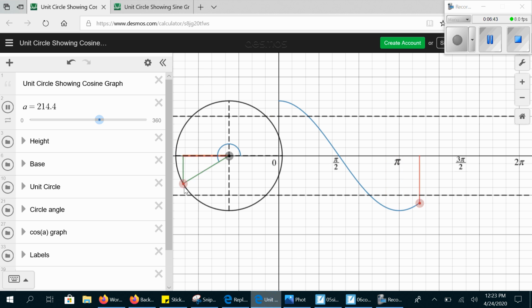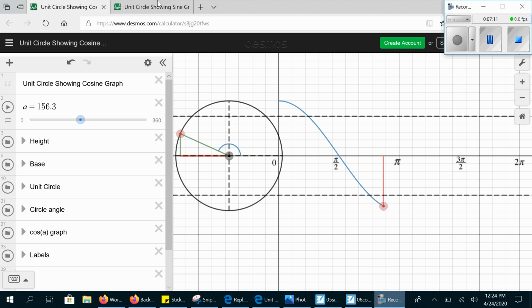Our x-coordinate is shifting around that circle to create what we call a cosine wave. So look at it again. Right now, that x is as far out as it gets over here, but then it gets smaller and smaller, and then bigger, and then smaller, and then bigger again. And so that's how we form our cosine graph.